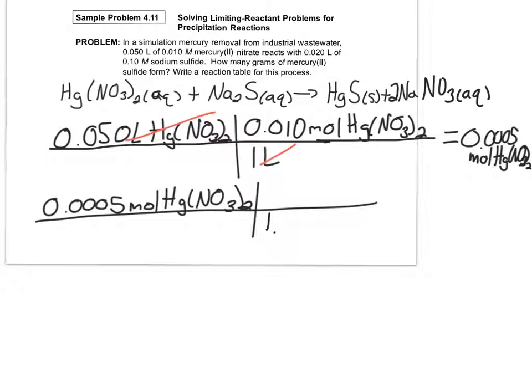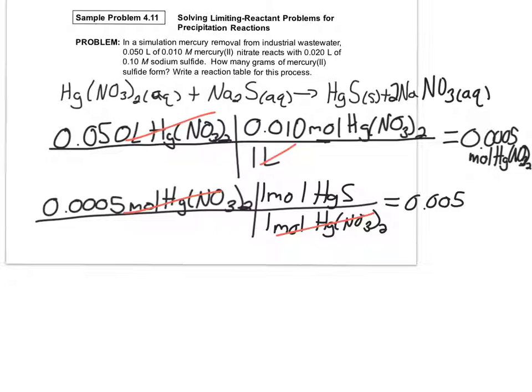So 1 mole mercury nitrate, Hg(NO3)2, I can make 1 mole of mercury sulfide. All right, and so what's that going to equal? I've got moles divided by moles, cancel, and that's just going to be 0.0005 moles of mercury sulfide.